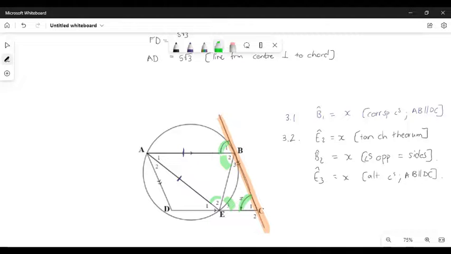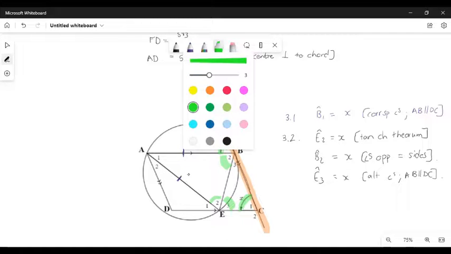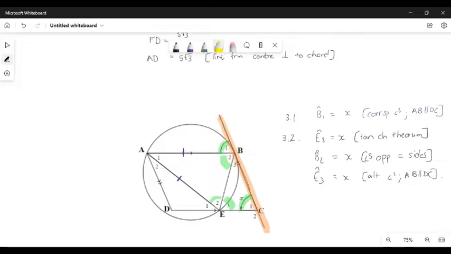Goed. Bewys dat A, B, E, D 'n koordevierhoek is. For 3 marks. So we're going to have to do something. I would use the x's.